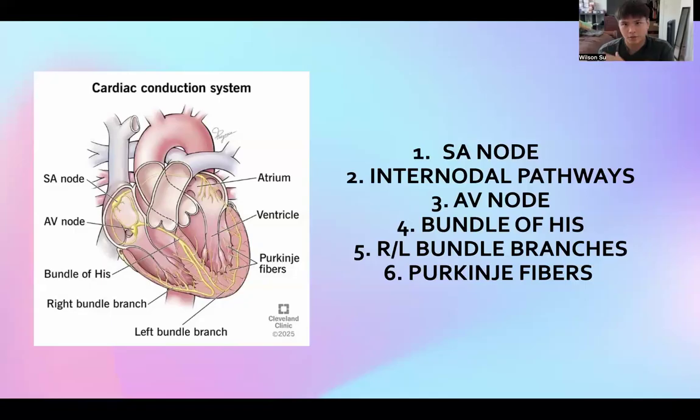In anatomy, the first thing you always learn is that the SA node is the pacemaker. The pacemaker is the part of the heart that first generates the electrical signal, the action potential, okay? This is where your atrium contracts, and then that signal goes to your internodal pathways, then to your AV node, then to your bundle of His, then the right and left bundle branches, and then the Purkinje fibers.